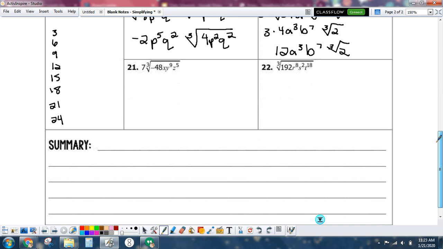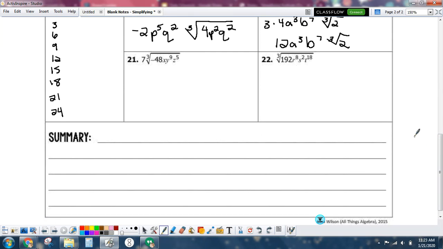All right, so we have 2 more. The same process, negative 48, the cube root that goes into that is going to be negative 8. And negative 8 times 6 will get me to 48. And then x is not divisible by 3. 9 is divisible by 3. And then this 5, I can subtract 2 from it to make it divisible by 3.